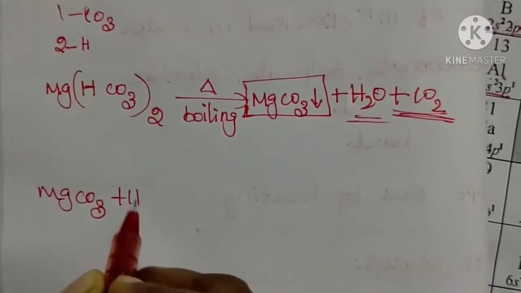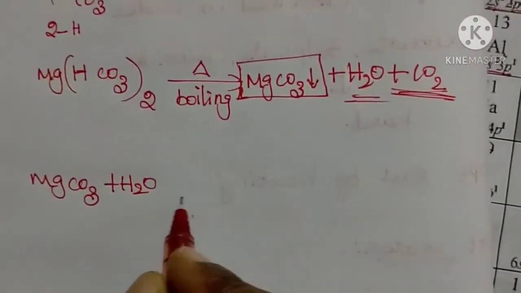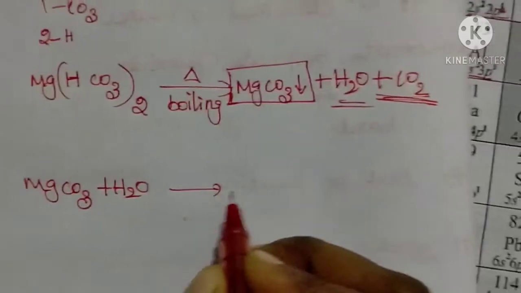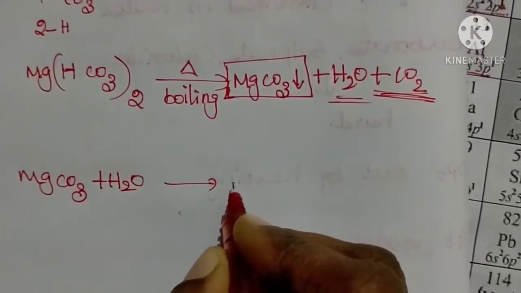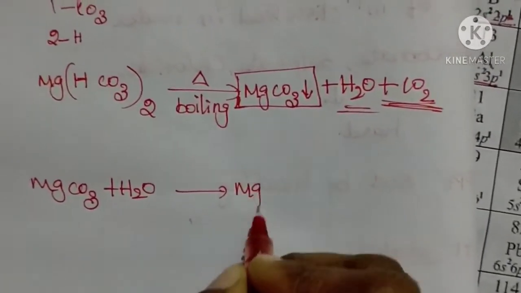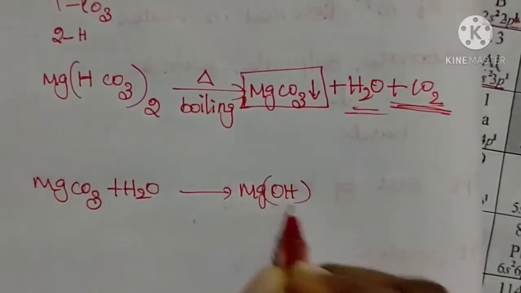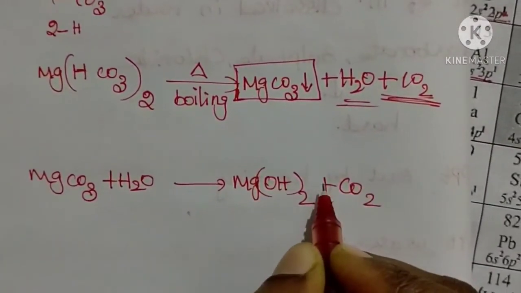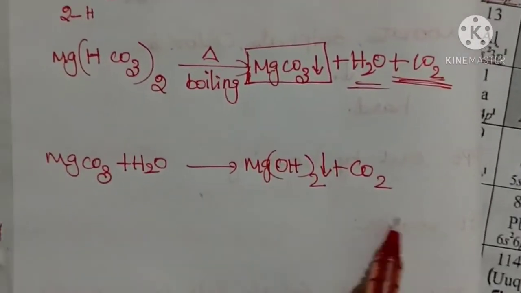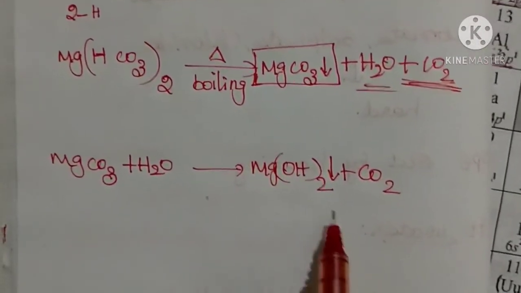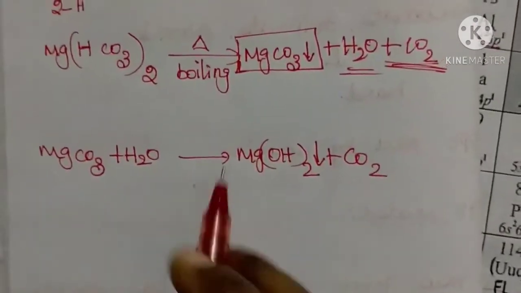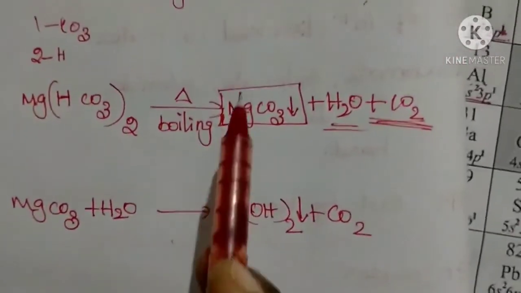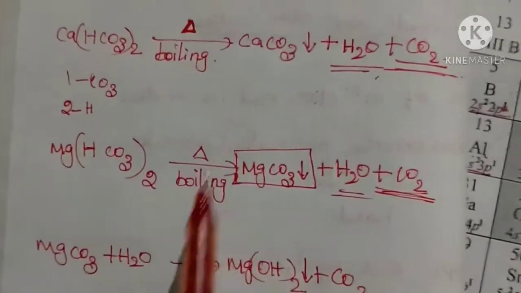It is an insoluble one. So magnesium carbonate is hydrolyzed with water. Hydrolyze means adding water. Then the product of the reaction is magnesium hydroxide plus CO2. It is insoluble and it is also a precipitate.